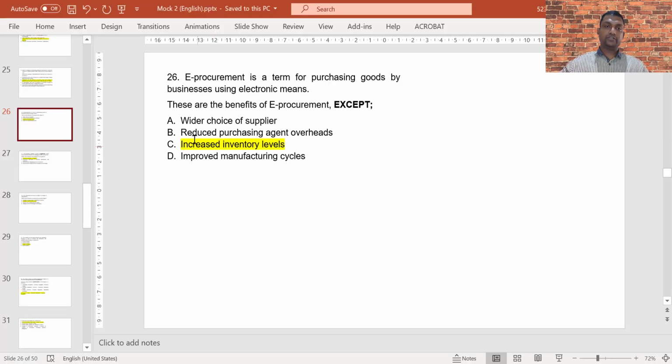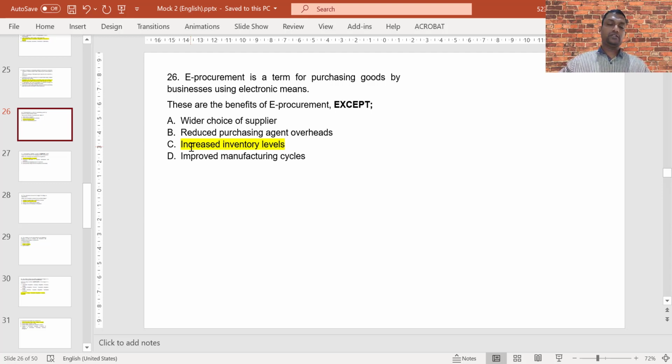Now you can see in the question the 4 answers given. Wider choice of supplier is available, reduced purchasing agent overheads is available, and increased inventory levels. Improved manufacturing cycle. So from the outset you can just see that answer C is not suitable here, because we know that if we have proper procurement, we don't have to keep higher inventory levels, because keeping a lot of inventory is again a cost and a burden to an organization.